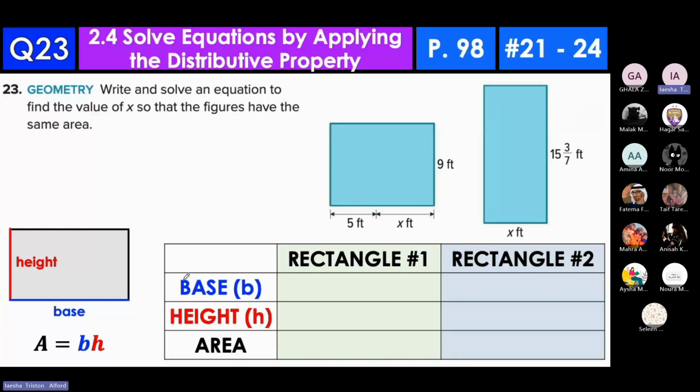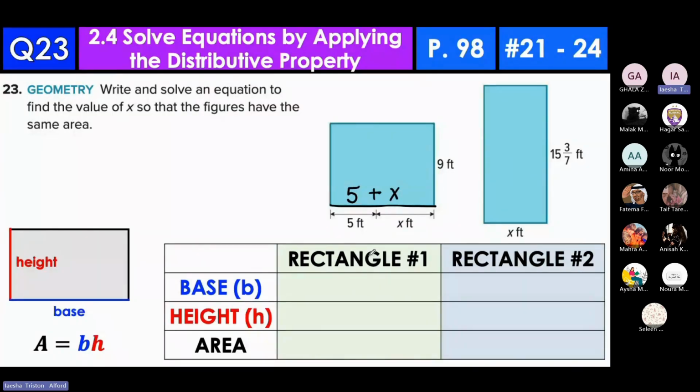Try the next one. We have 2 rectangles. So this one, what is this base? 5 plus x.